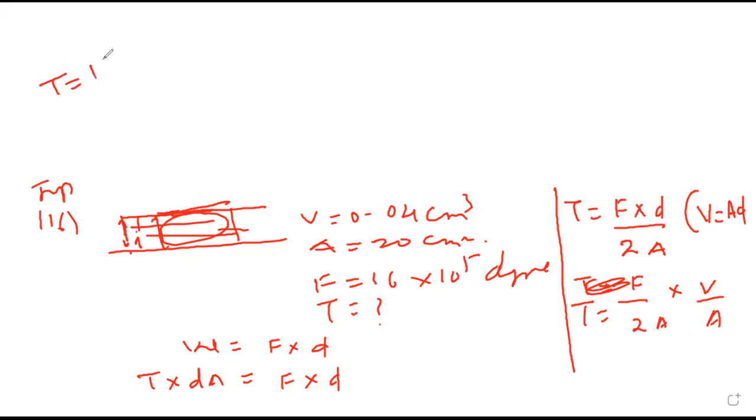So surface tension T is F, 16 into 10 raised to 5 dyne, volume 0.04, upon 2 into area A. Volume is area into distance.